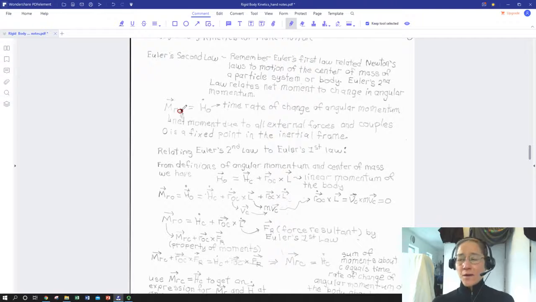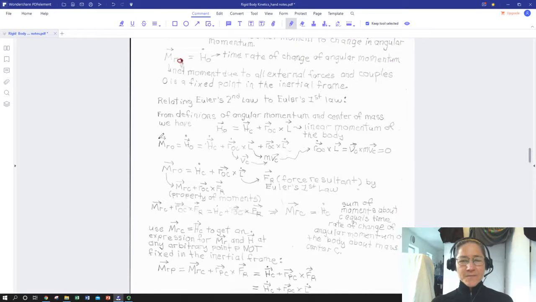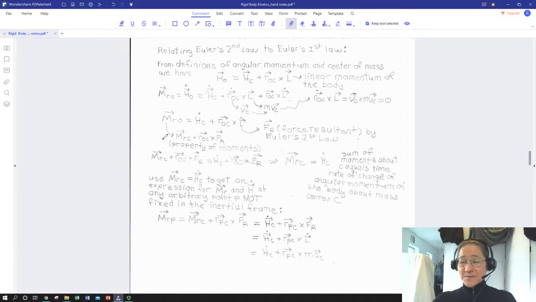That resultant or net or sum of the moments is going to equal the time rate of change of angular momentum of the rigid body with respect to that same point. So we have to be calculating with respect to the same point. And this resultant moment could be due to the sum of forces acting at a radius or couples or any mix thereof.